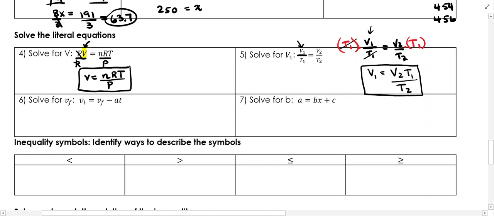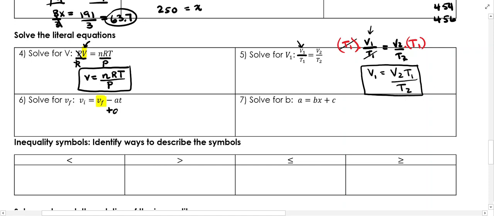All right, this one, solve for VF, as in final velocity. Our final velocity is right here. Now this isn't multiplication, this is the subtraction of two terms, right? We are subtracting AT from VF. So how do we undo subtraction?